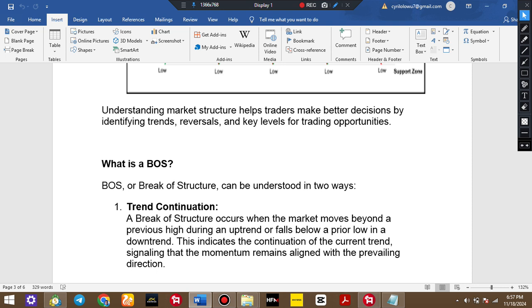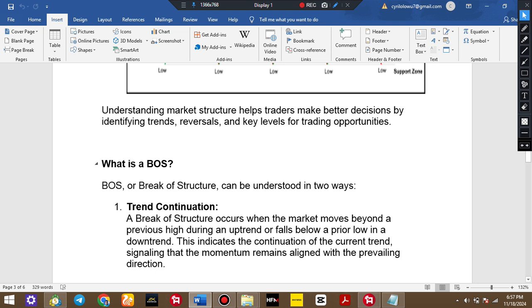That means break of structure. When we say market structure, we're talking about the direction or the pattern at which price is moving. But when we say break of structure, we are not talking about when price probably changes from a particular trend to another trend, or when price is trying to continue with the trend.